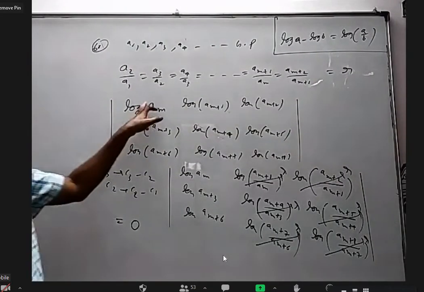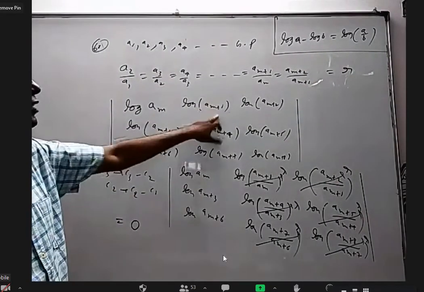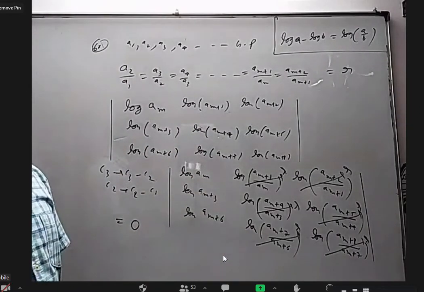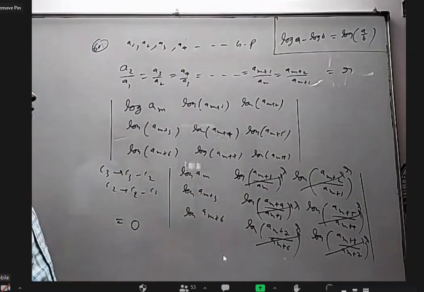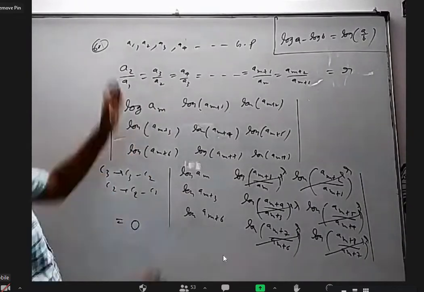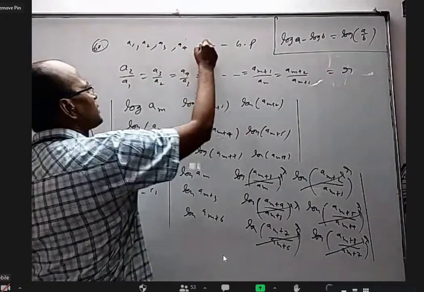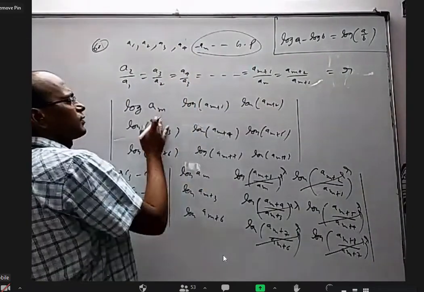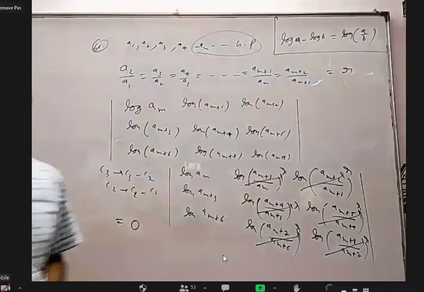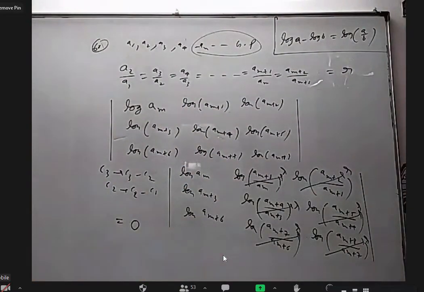In fact, if you call it AM, AM plus 1 will obviously be A into R. You can take this itself as the first term of the GP, because if this whole thing is a GP, starting with AM, that is also a GP. You can say this is the first term, this second term, this third term, nothing wrong.